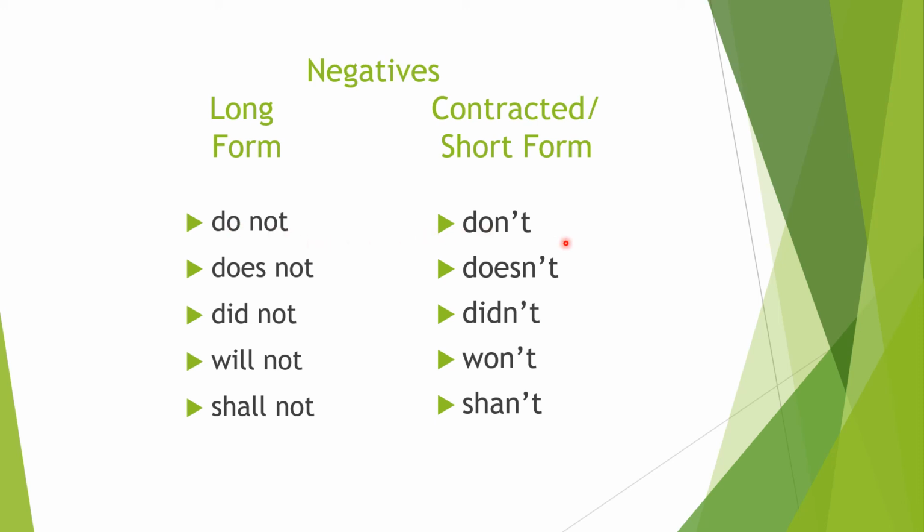Do not, don't. Does not, doesn't. Did not, didn't. Will not, won't. Shall not, shan't. Remember this distinction. This is will not, W O N apostrophe T, won't, and shall not, S H A N apostrophe T, shan't.